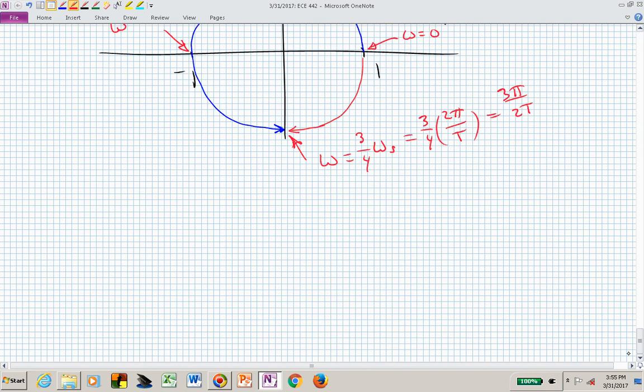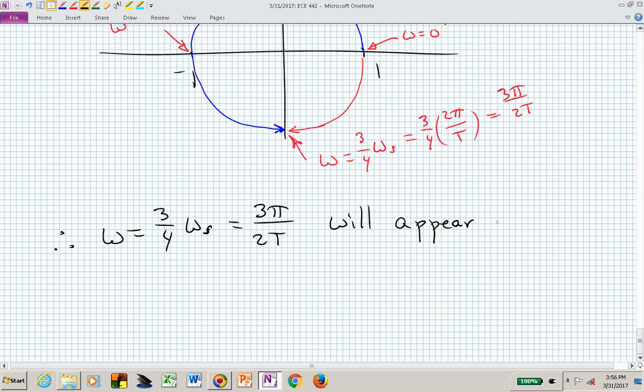Or, let me write down what I'm trying to conclude. Therefore, if we had a frequency that was 3/4 omega sub s, which translates, using omega sub s equal to 2 pi over capital T, into 3 pi over 2T, in terms of what we would see in the discrete time signal, that will not appear as a frequency of 3/4 our sampling frequency.